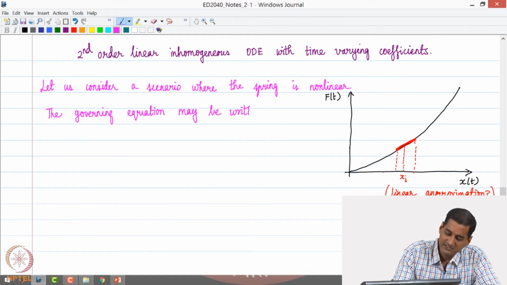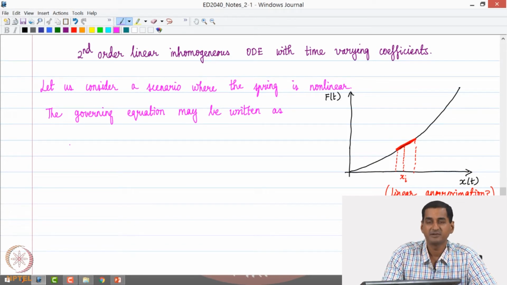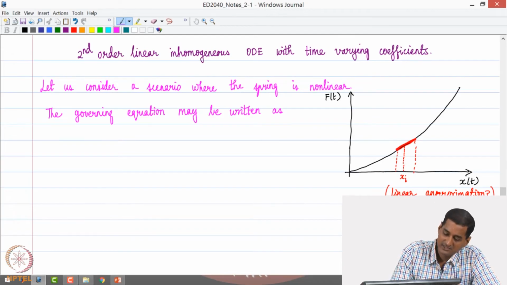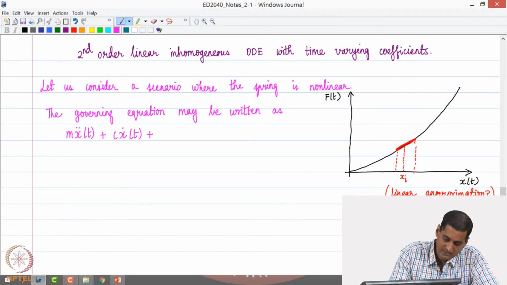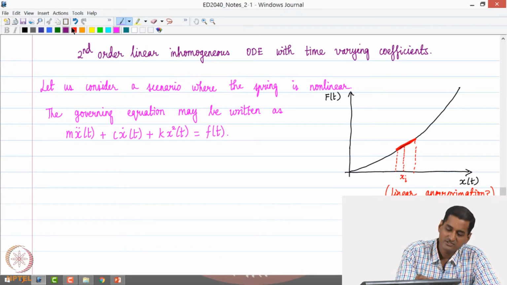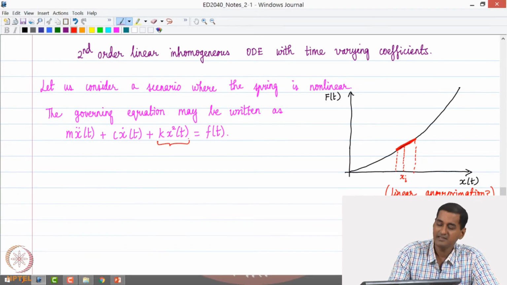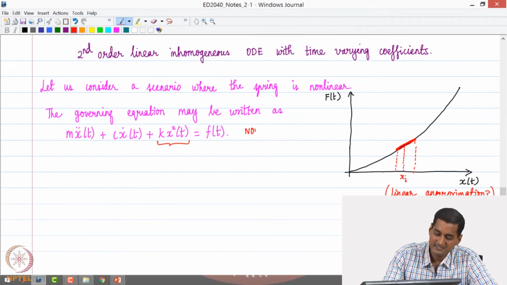I am just taking an example where the governing equation for the spring's response is a quadratic function of the displacement. So the governing equation for this mass spring damper system will then become m x double dot plus c x dot plus k x squared(t) is equal to f(t). You see that the term k x squared(t) makes the system non-linear.